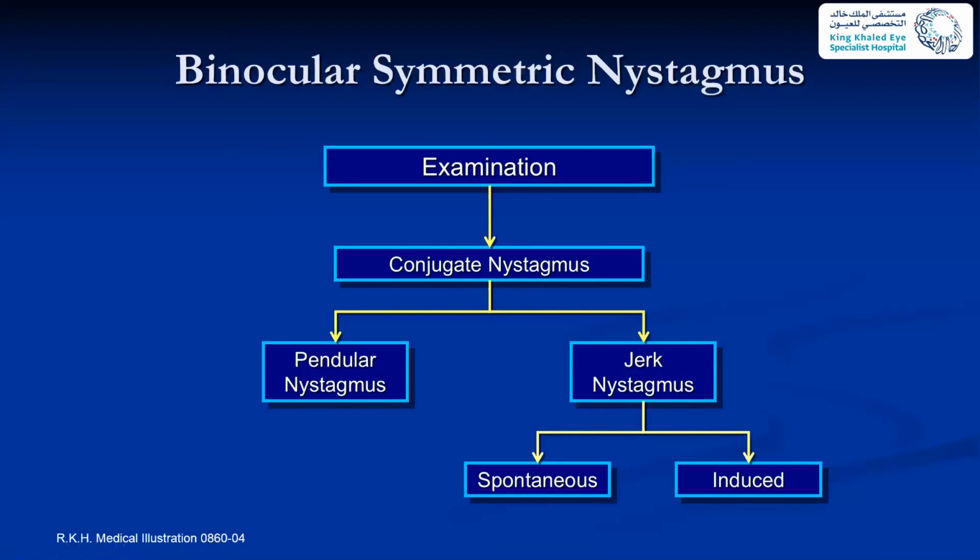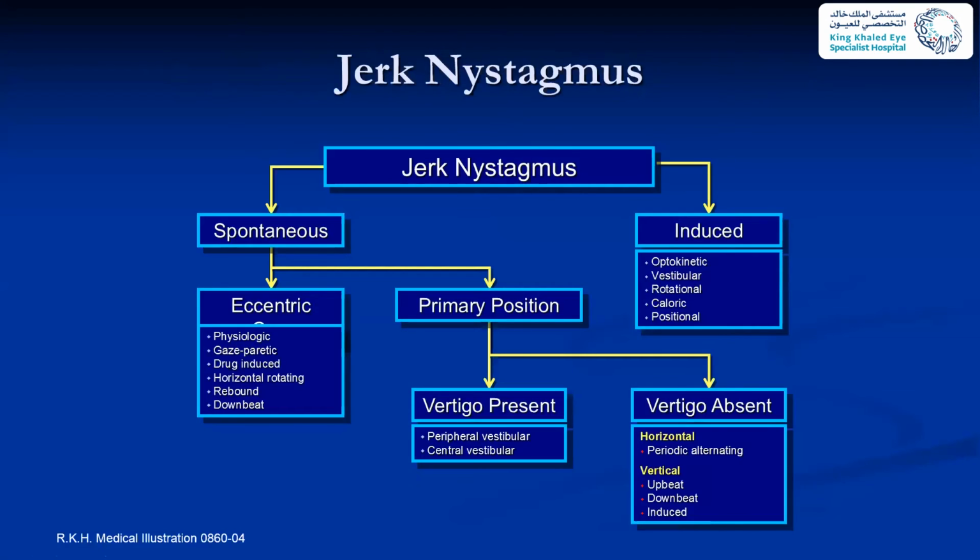Is it spontaneous, like you're just looking at the patient and you see the nystagmus, or you have to do something to see the nystagmus, which is induced by a certain direction, or you do something to initiate the nystagmus? Now in jerk nystagmus, as we said, is it spontaneous or induced?